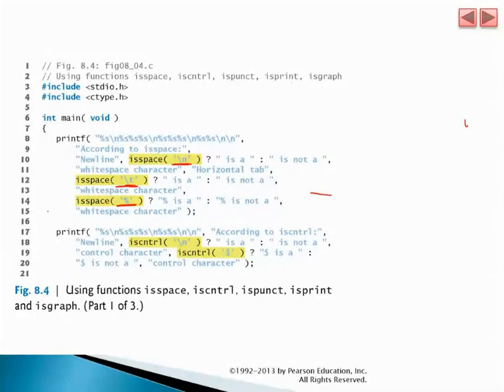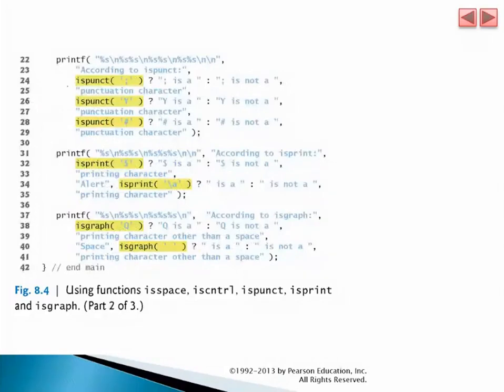Percent is not a space. Similarly, is control: slash n is a control character, but dollar is not. This is a punctuation, this is not a punctuation, this is a punctuation. Now is print and is graph are important.